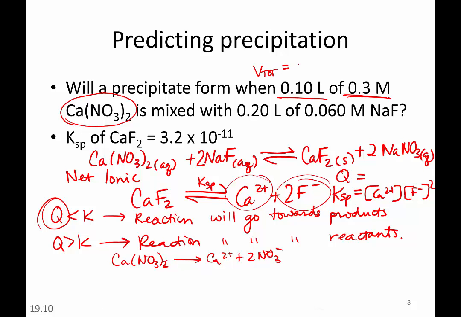After we mix it, it's going to be 0.1 plus 0.2 liters, which is equal to 0.3 liters. Okay? So to calculate our number of moles, we're going to just do our molarity times our volume, which is going to be equal to 0.3 moles per liter times 0.1 liters.